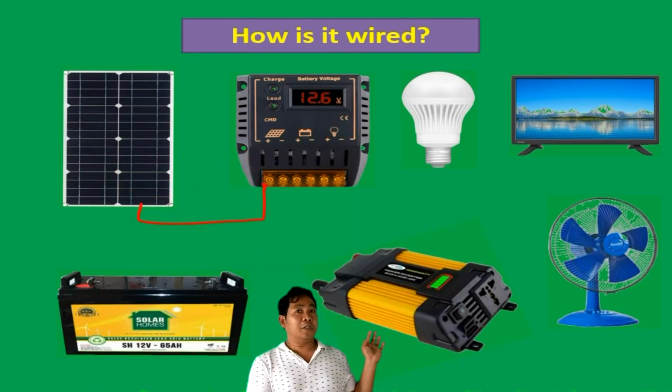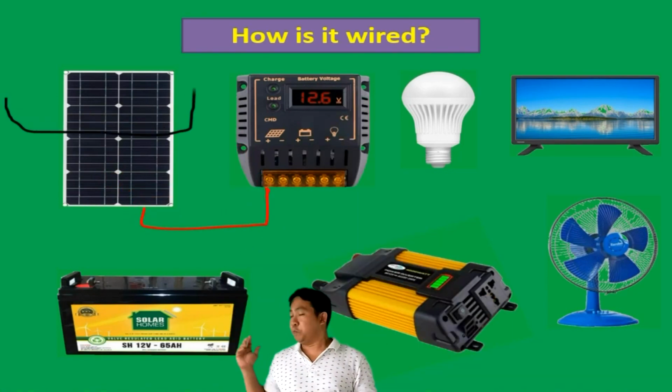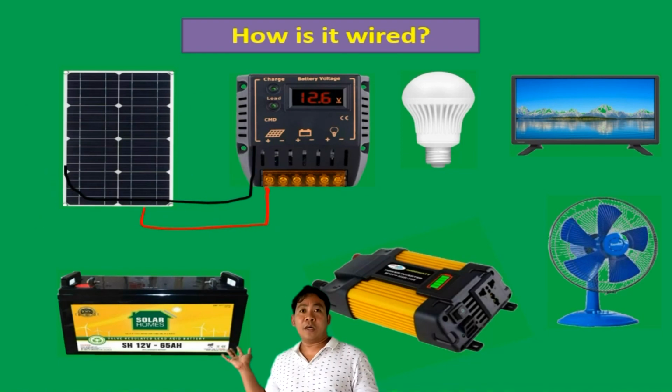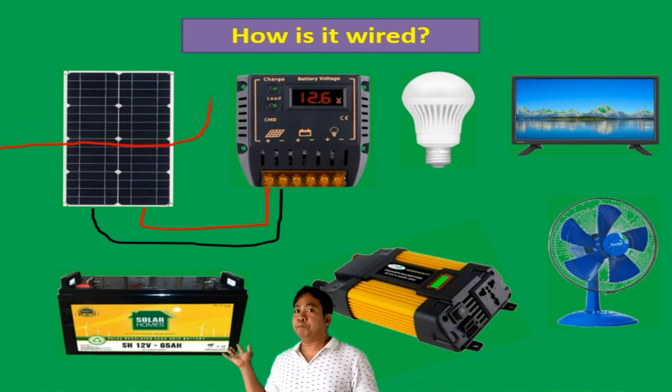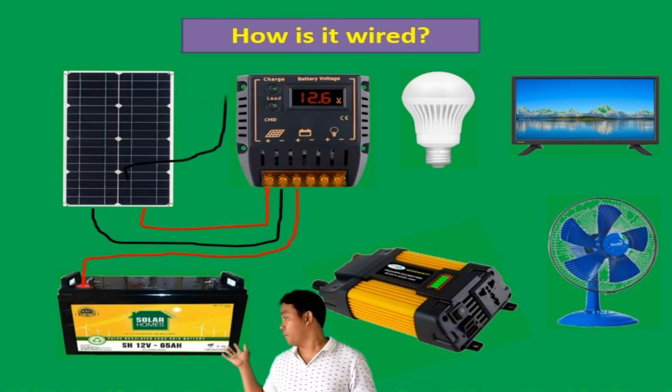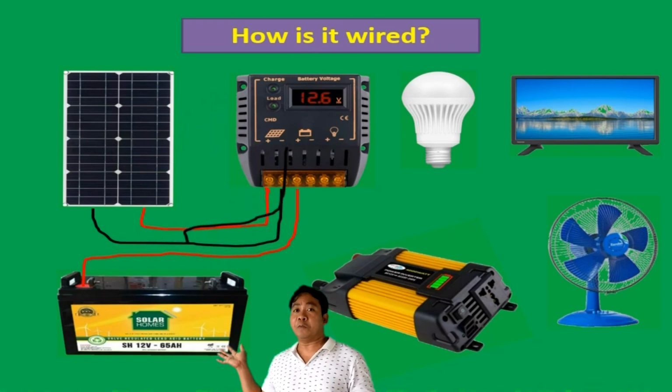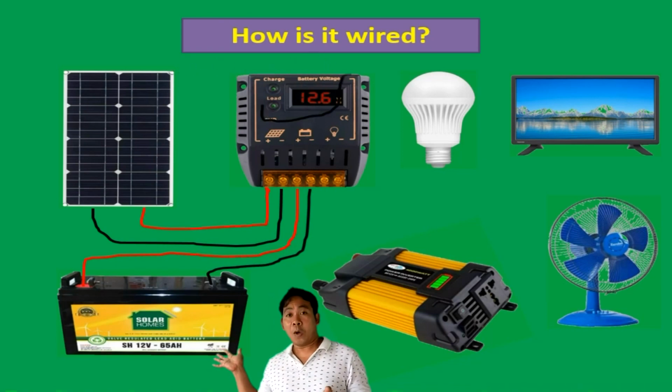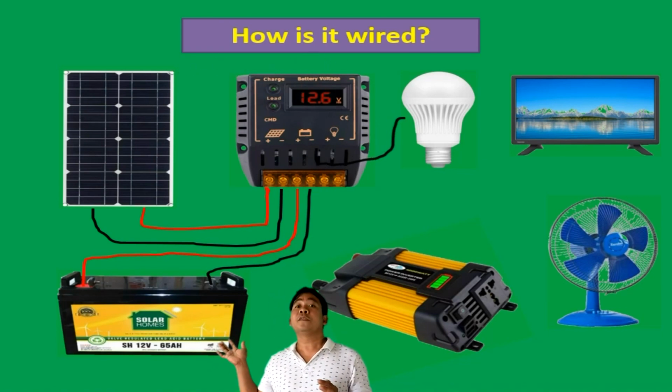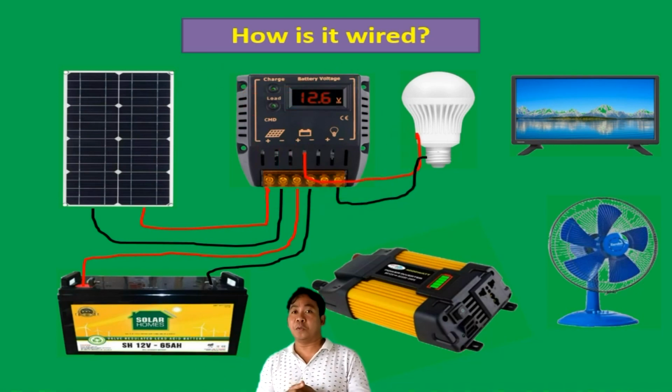And the solar panel should be wired according to the diagram found in the charge controller. So it will be connected to this charge controller first, and then to the battery. Okay, can you follow? It will also be connected to the load.